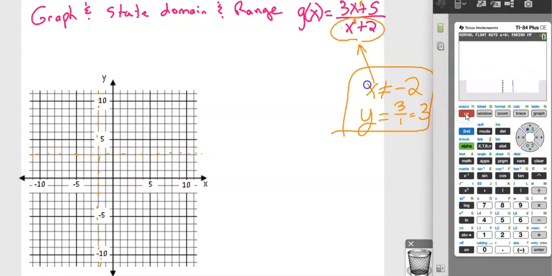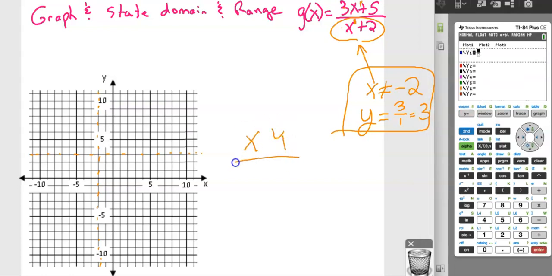Now, you're welcome to use a calculator if you want, but even without a calculator, just make an XY chart. So literally start plugging in like -1, 0, 1, -3, -4. So whatever the vertical asymptote is, that's what numbers you're looking at.